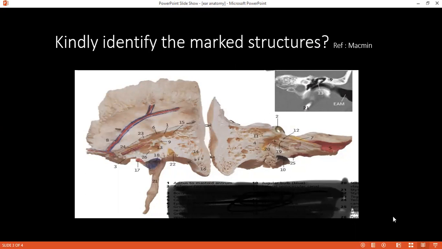Yes. How would you classify? The ear is a big term. See, there is the internal ear, middle ear, and external ear. So how would you classify the conditions of the ear? I'm sorry about it. Okay, you can tell me next time.